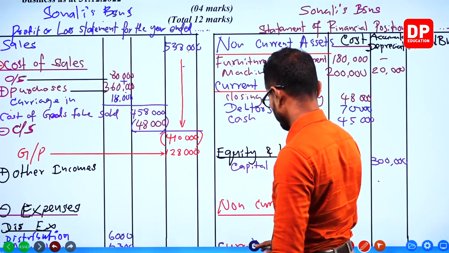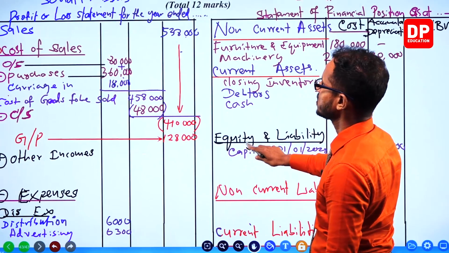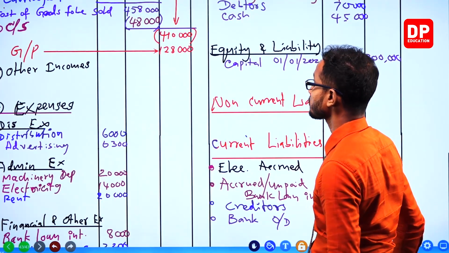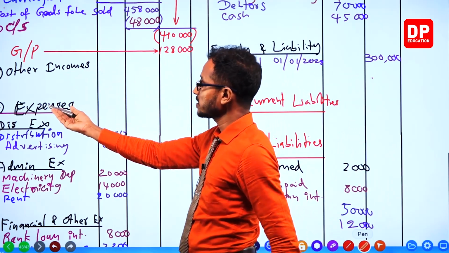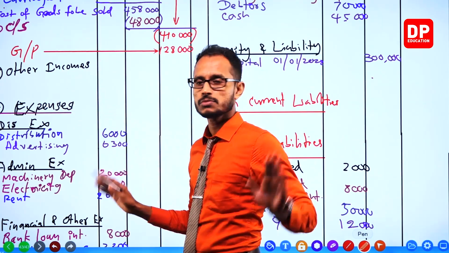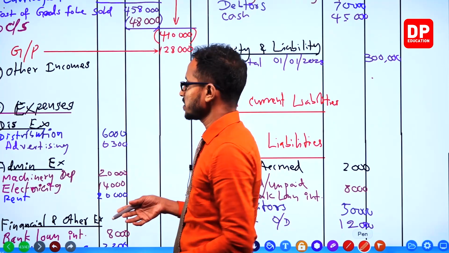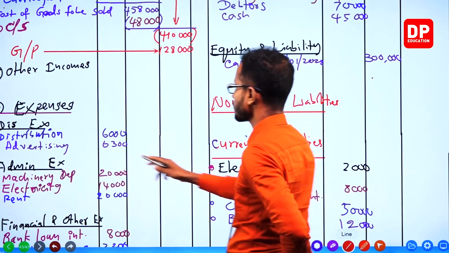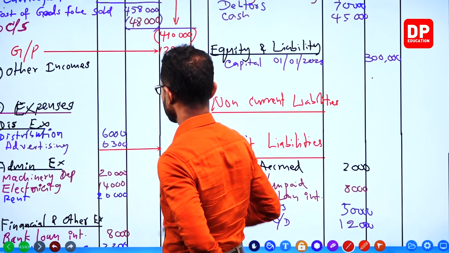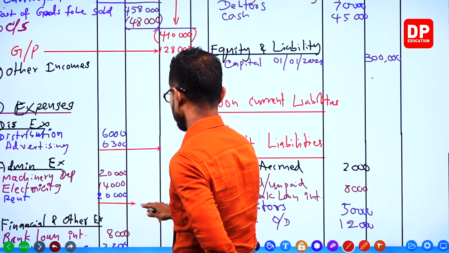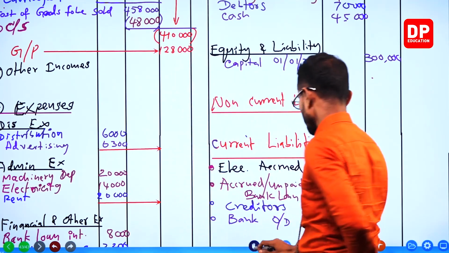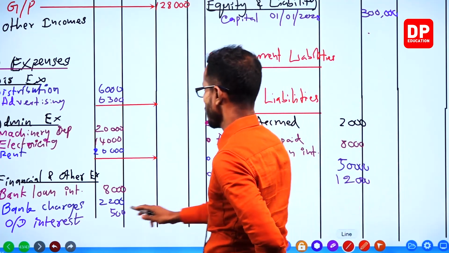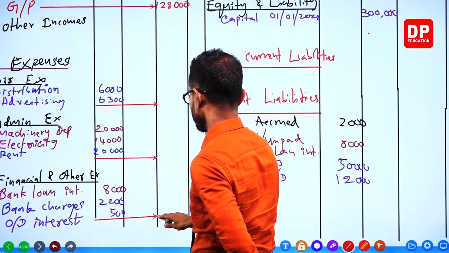Moving on. It's just net profit now. Let's keep the gross profit there. Take incomes. No incomes. Take the expenses. Take the totals, right? Admin category total and financial category total.